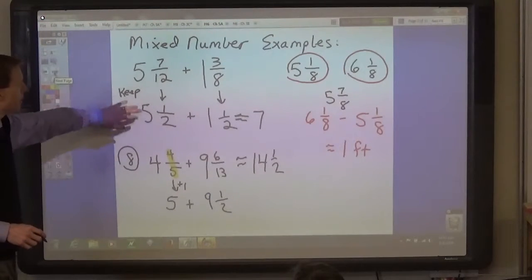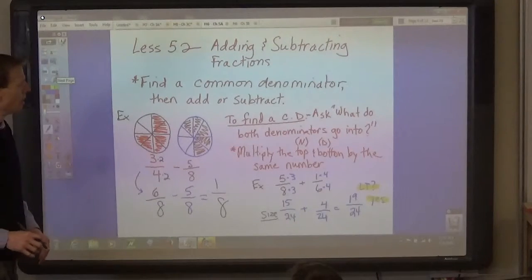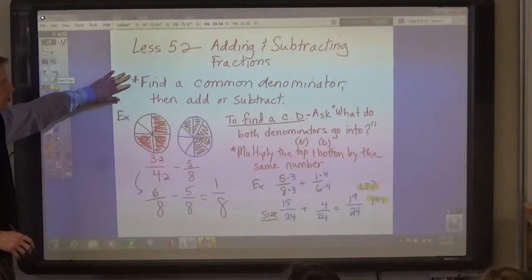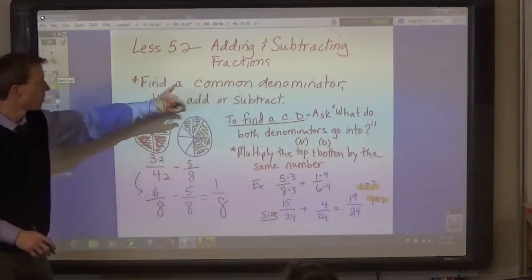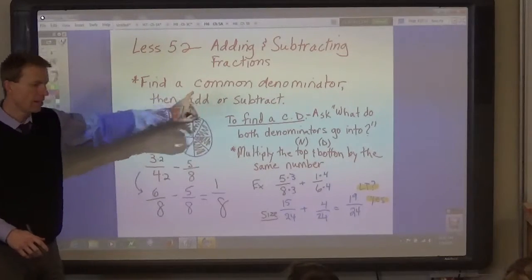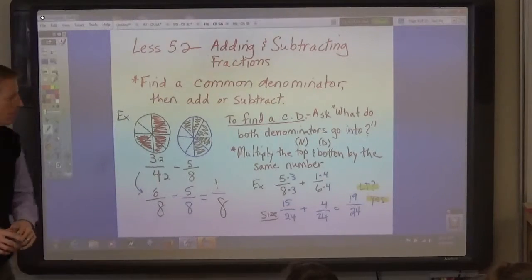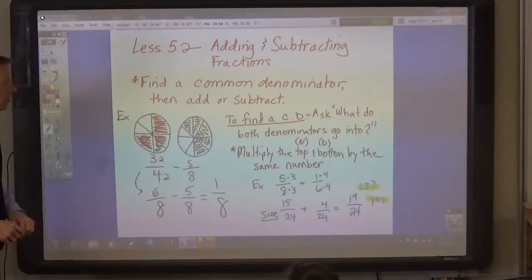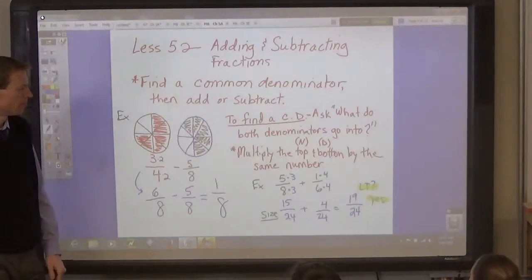Then we did some mixed number examples of this. And then we went right into adding and subtracting fractions. And when adding and subtracting two fractions, you have to use a common denominator, a common multiple in the denominator. So you have to ask, what do both denominators go into?